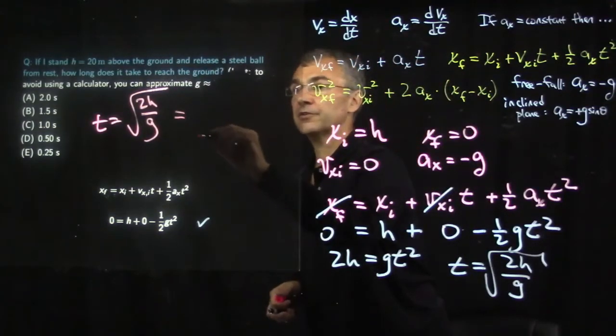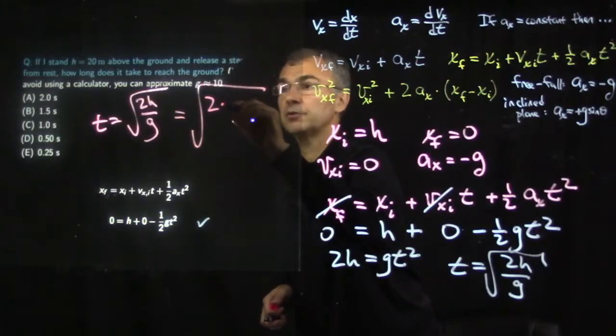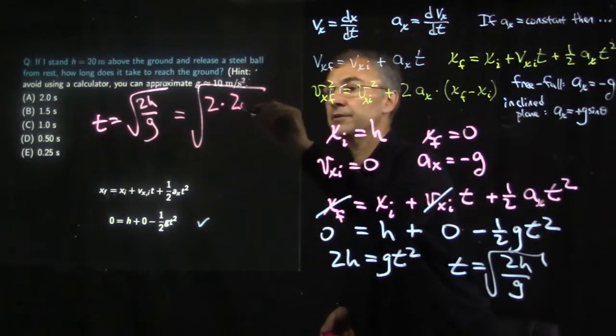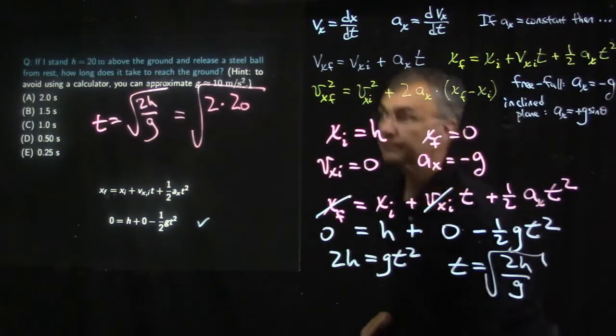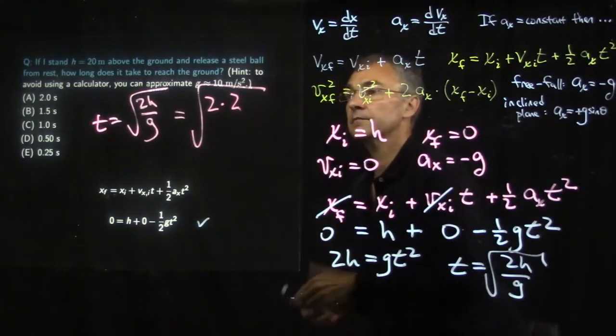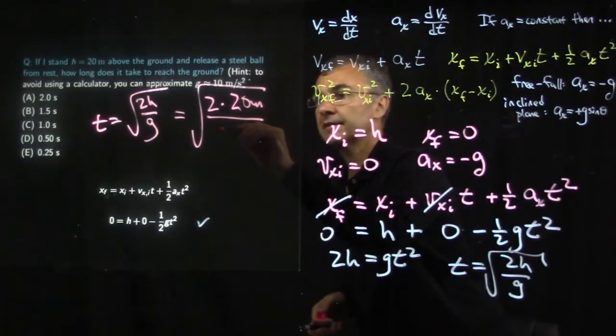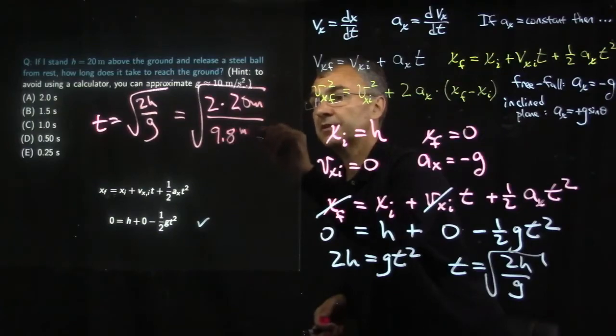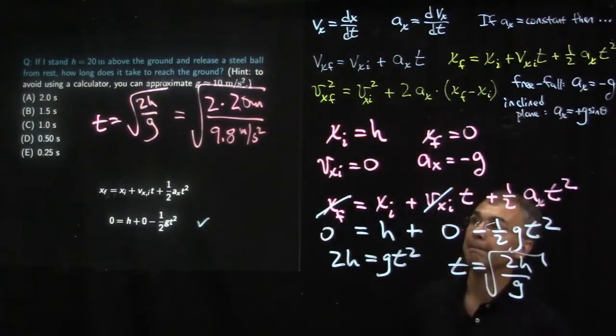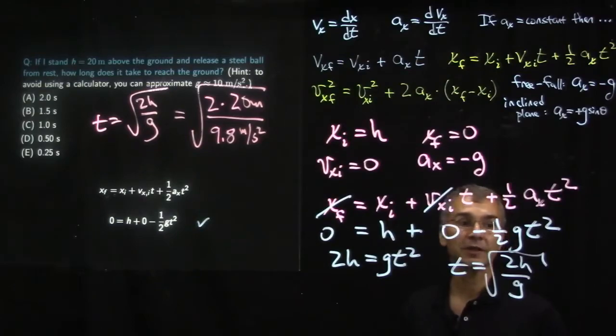Which equals the square root of 2 times 20 meters divided by 9.8 meters per second squared. So if we were to use g equals 10 instead of 9.8 to make the math easier, we'd say 2 times 20 divided by 10. 2 times 20 is 40. 40 divided by 10 is 4.